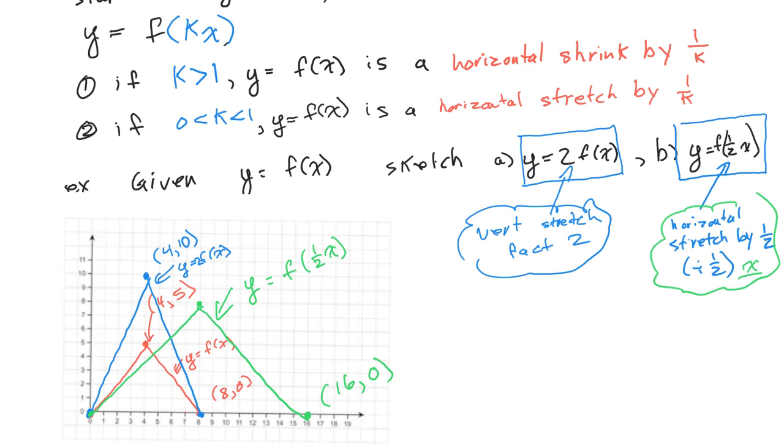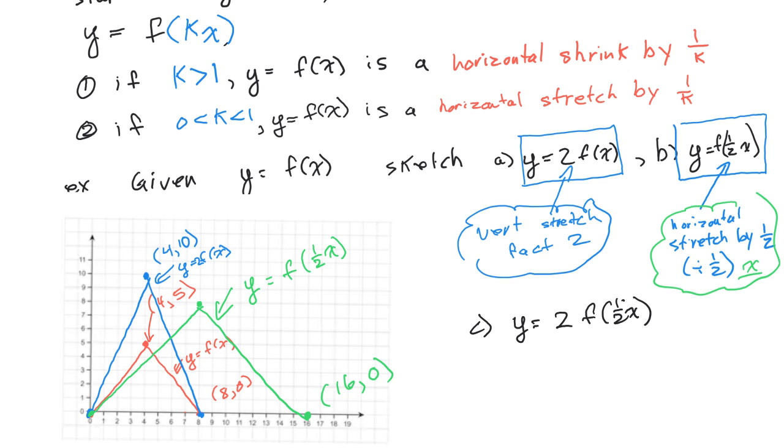So now, let's put a challenge here. What would happen if we graphed 2f of 1/2 x? So let's check out C. y is equal to 2f of 1/2 of x.